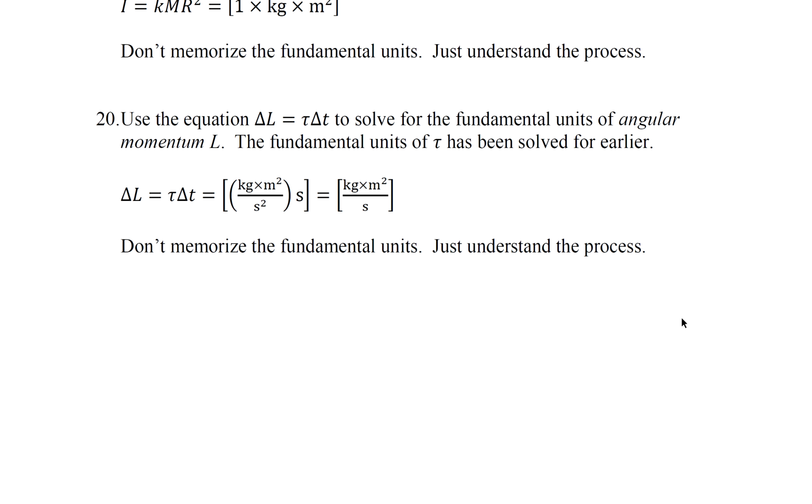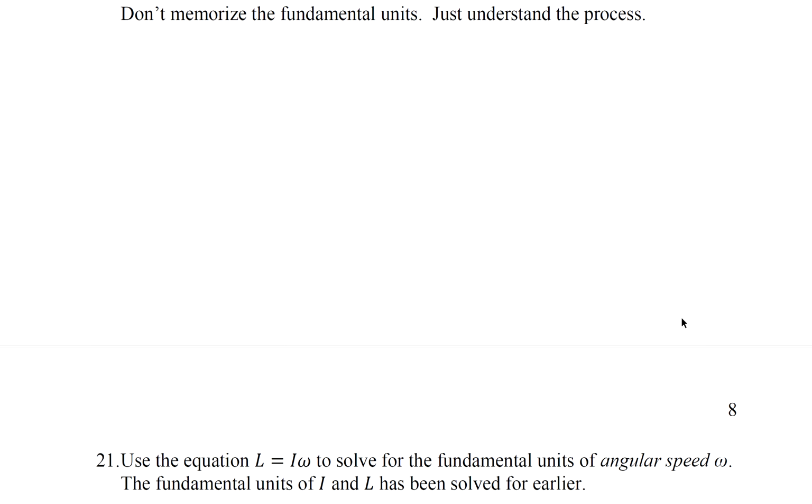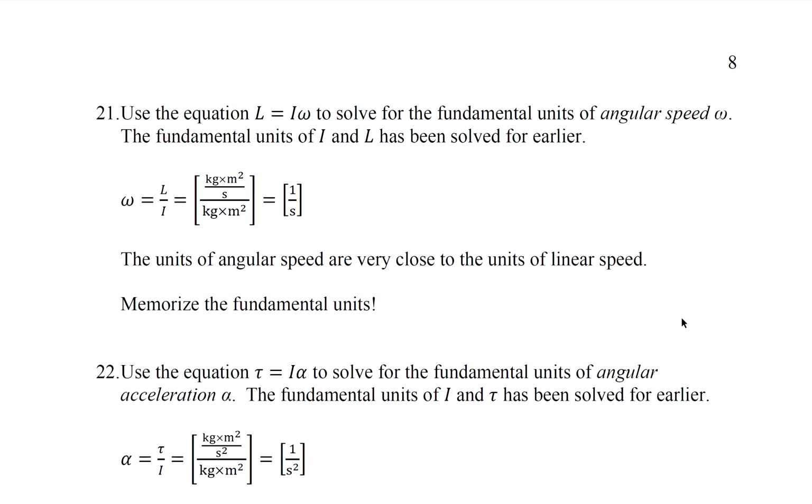Question 20. Use the equation delta L equals tau delta t to solve for the fundamental units of angular momentum L. The fundamental units of tau have been solved for earlier. So we plug in the variables, and this is the answer we get: kilograms meters squared over second. Question 21.